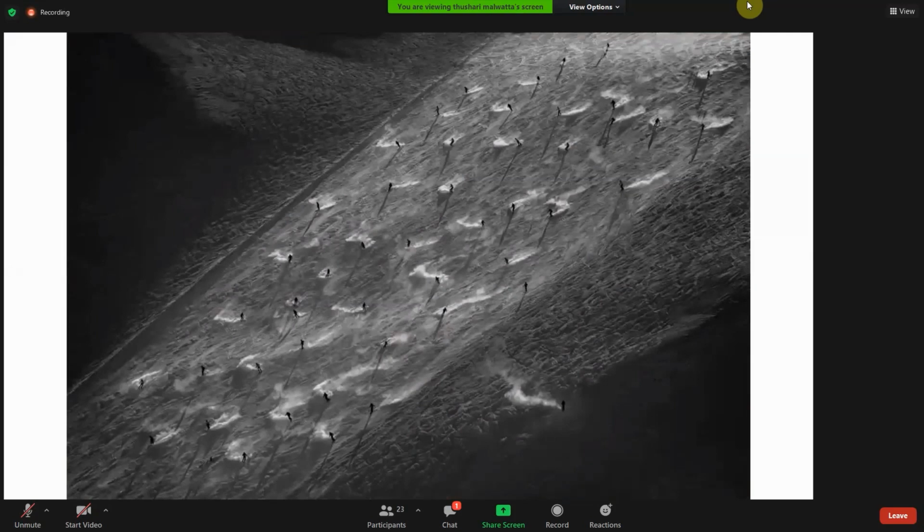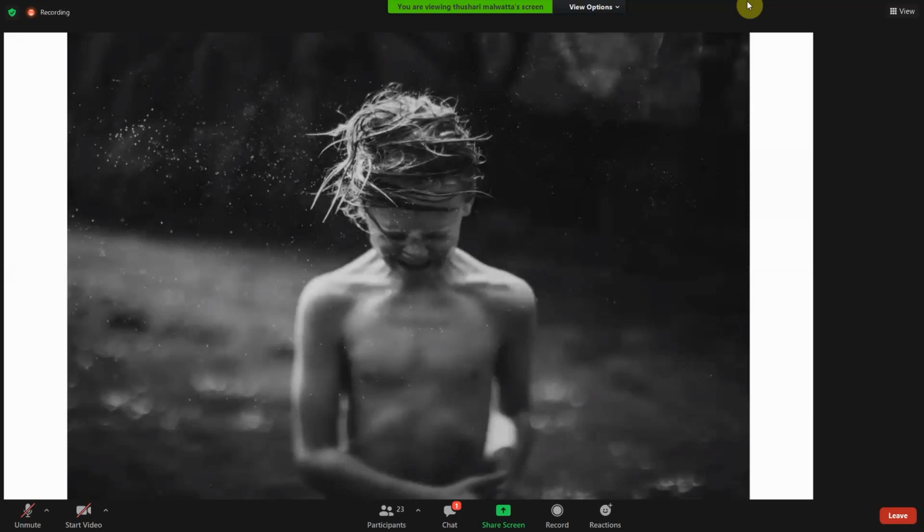See this one. Here, when you capture a motion, the movement of the eye is created with the design elements. Look at this hair of this kid. Those lines suggest motion.